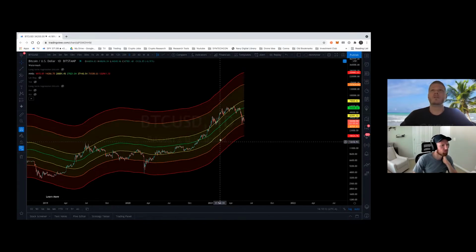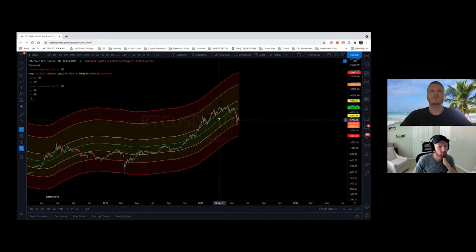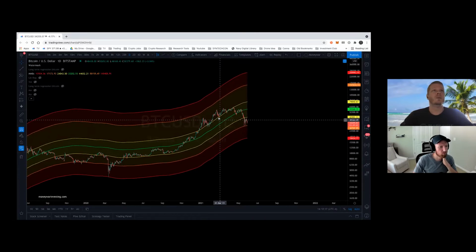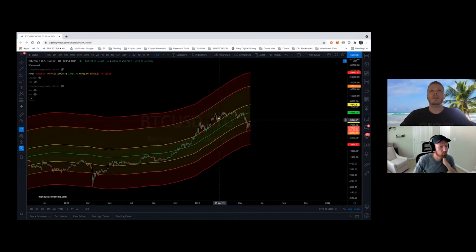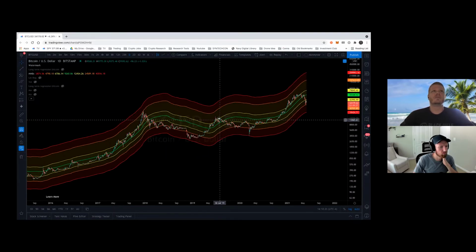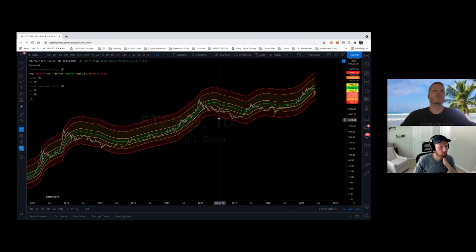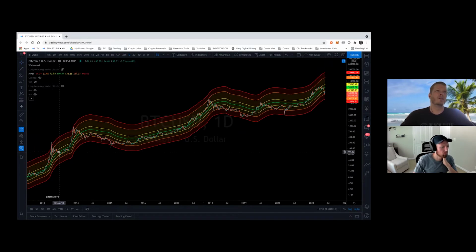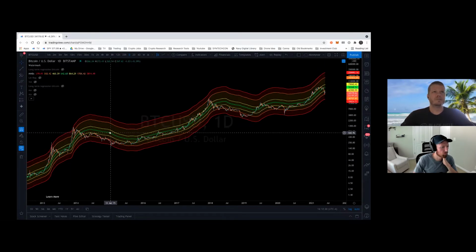More can be learned about Mayer multiple on Woobull.com, Willy Woo's site. But essentially what it does is it creates a mean across this on a logarithmic chart.